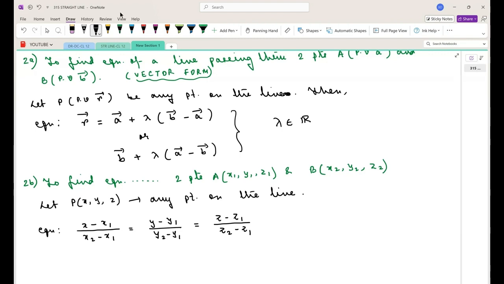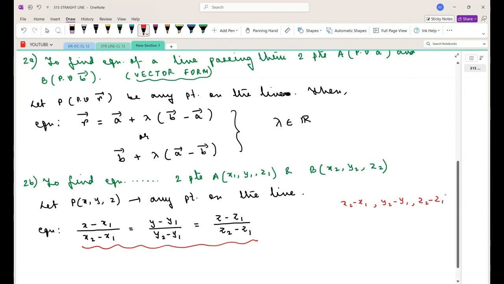Okay. Now just note one thing here. Note these quantities. What are they? x2 minus x1, y2 minus y1, and z2 minus z1. They are basically the DRs of AB, the line AB.